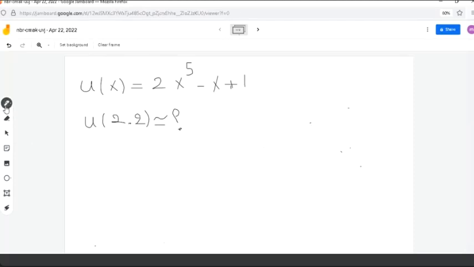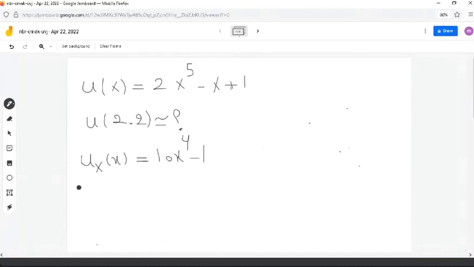And when we have u(x) equal to 2x^5 minus x plus 1, the first derivative is equal to 10x^4 minus 1.